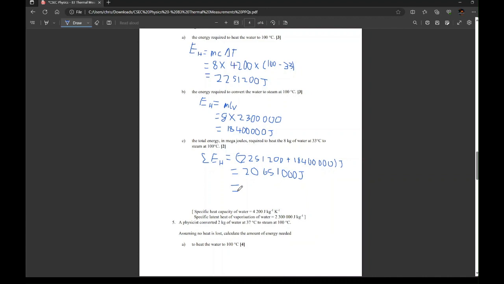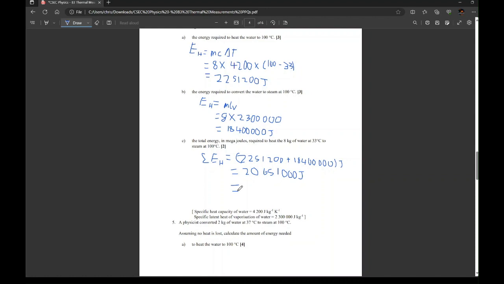So to convert from joules to megajoules, you have to remember that a megajoule is actually 1 million joules. So that's 10 to the 6, if you remember it better that way. So to do that, we just have to divide by a million. Let's just go ahead and do that.